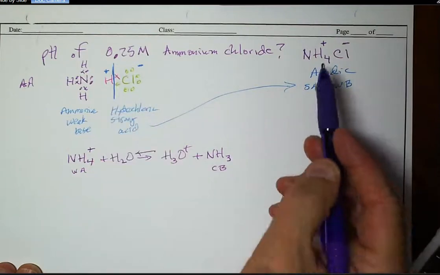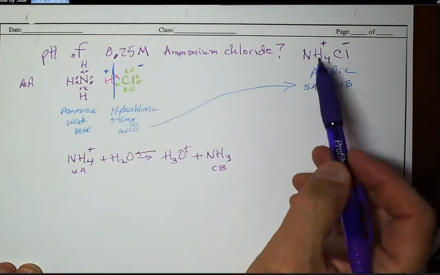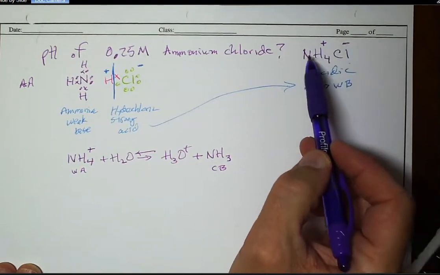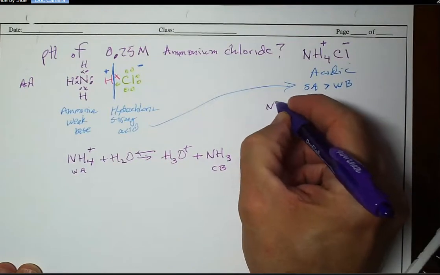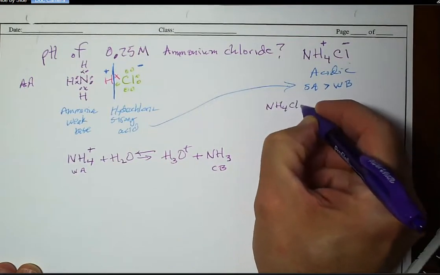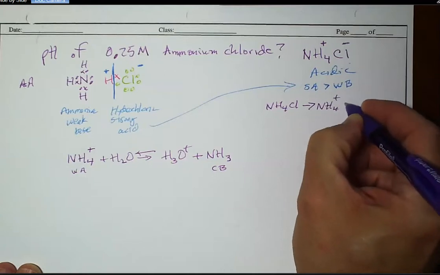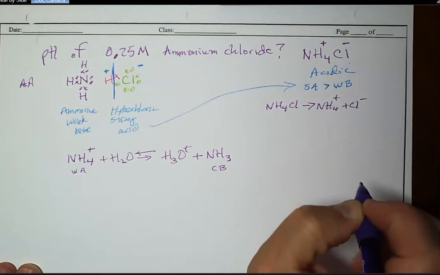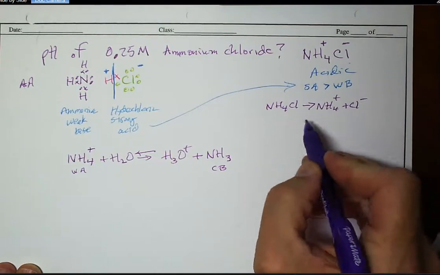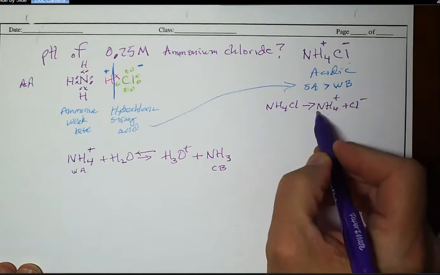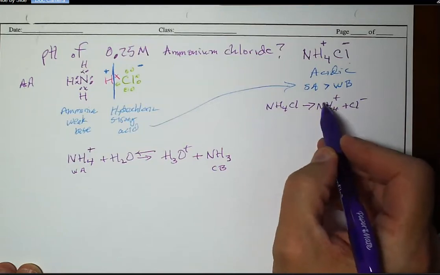So if ammonium chloride is 0.25 molar, then when it splits, since there's one ammonium and one chloride, matter of fact, let's do this. Ammonium chloride will split apart into the ammonium ion and the chloride ion. Then for every one of these, we get one of these and one of these. So for two of these, we get two of these.